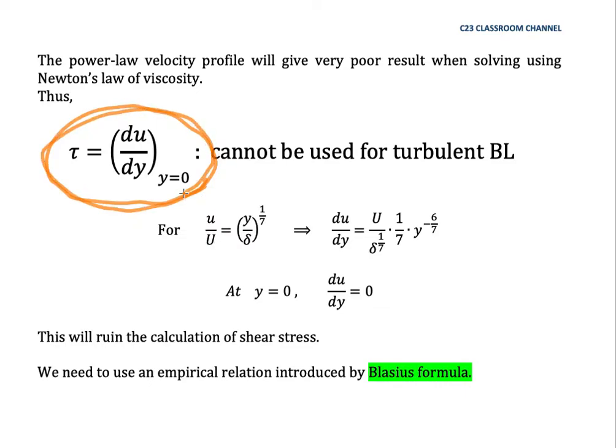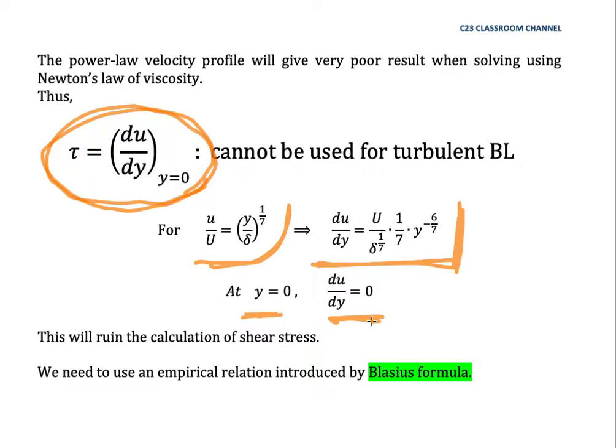For example, if we have u over U equal to y over delta to the power of 1 over 7, and we do the du/dy, we will get this term, and then when we substitute the value y equal to 0, the value of du/dy is infinite. So the mathematical solution is correct, but it does not reflect the real situation.